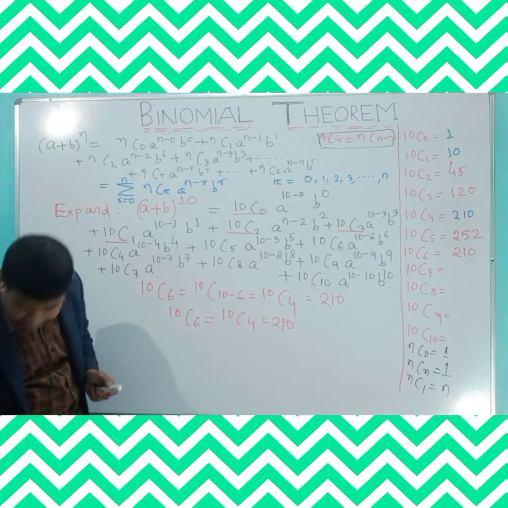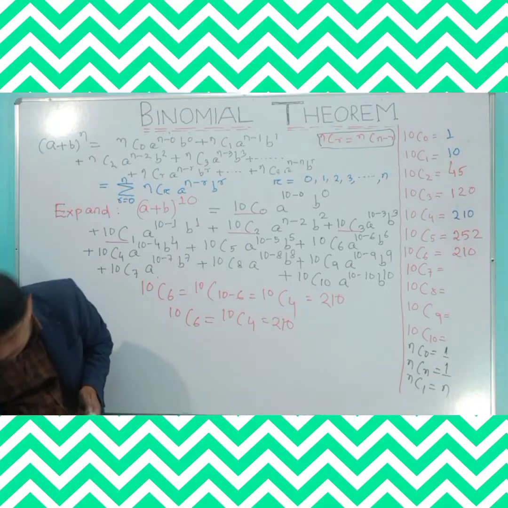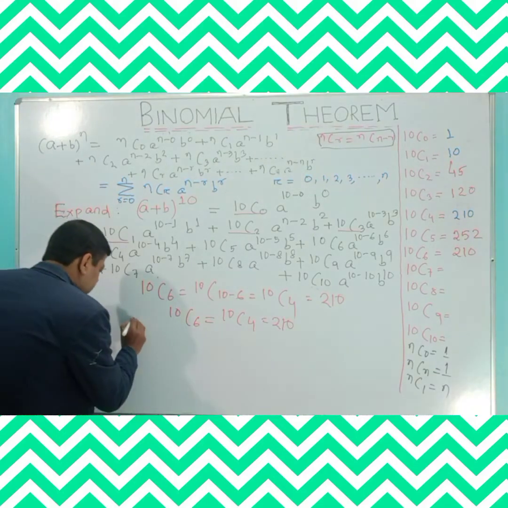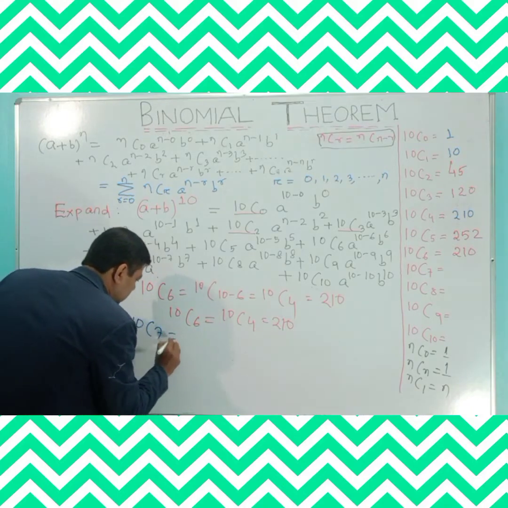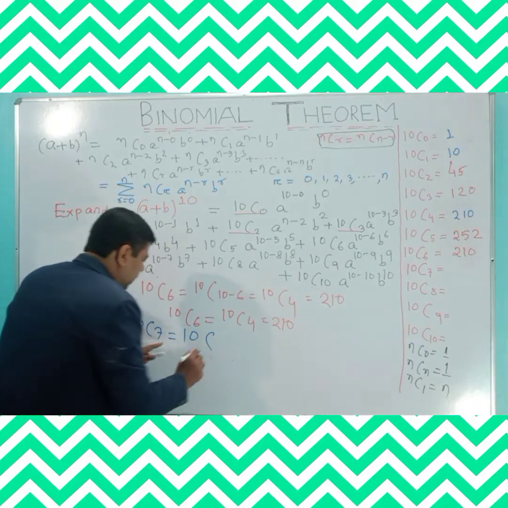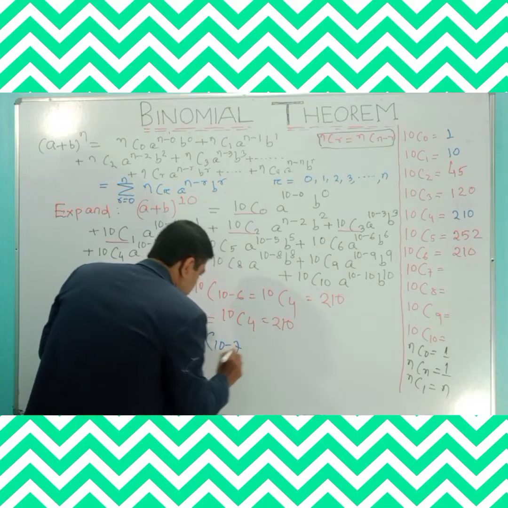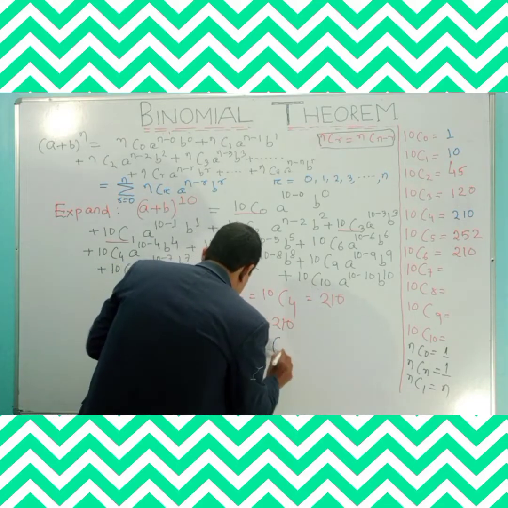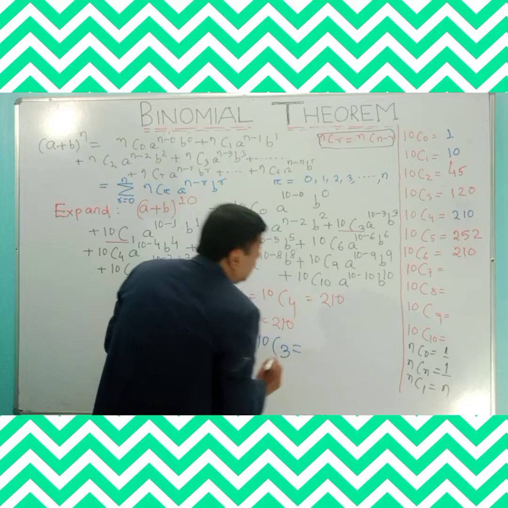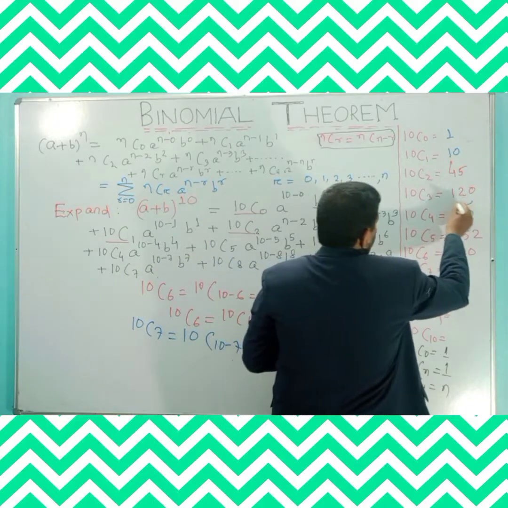After that you find out 10C7. 10C7 means 10C(10 minus 7), which is 10C3, and 10C3 we already know is 120.